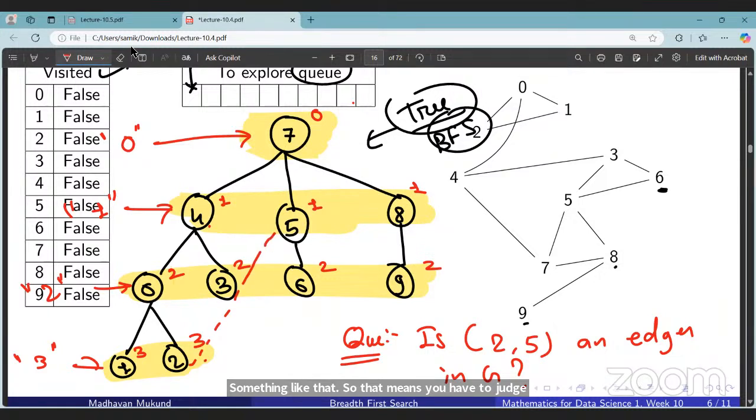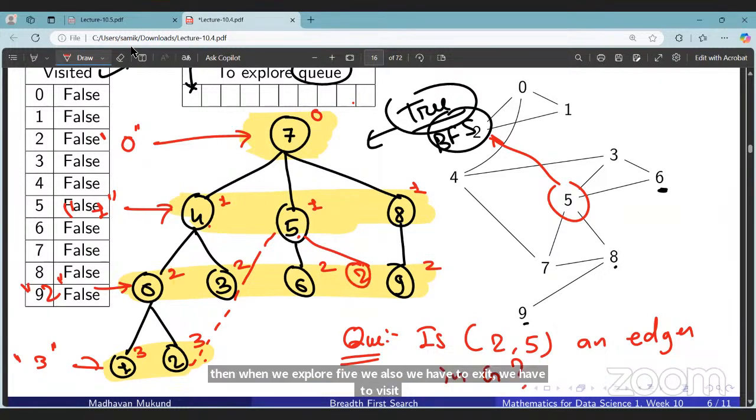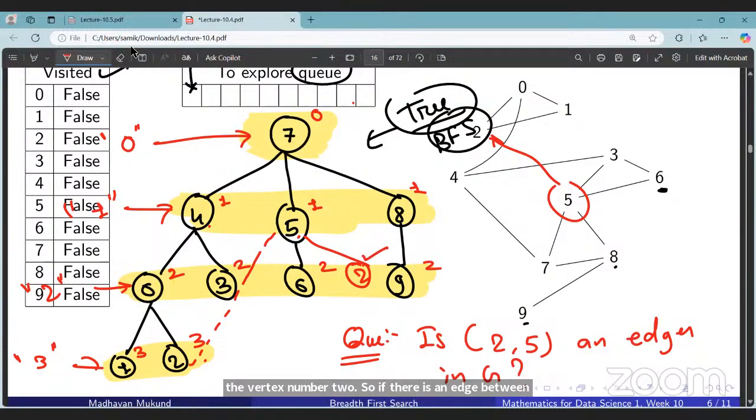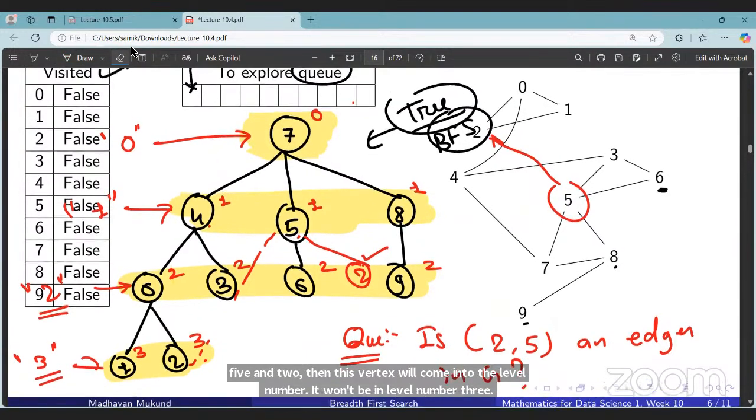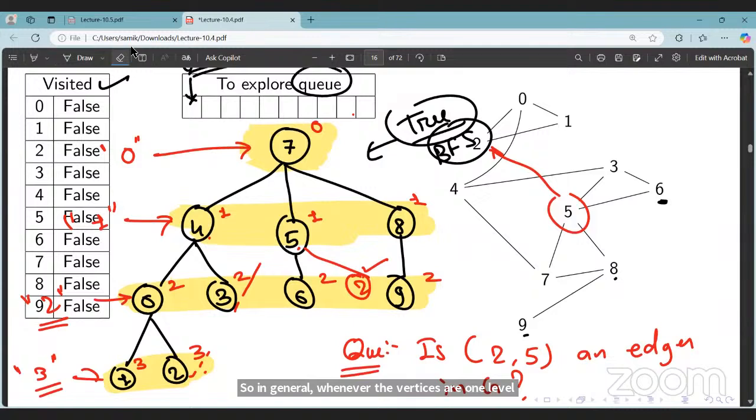Because suppose 5 is related to 2. Then when we explore 5, we also have to visit vertex number 2. So if there is an edge between 5 and 2, then this vertex would come into level number 2. It won't be in level number 3. In general, vertex number 5 is of level number 1, and vertex number 2 is of level number 3.